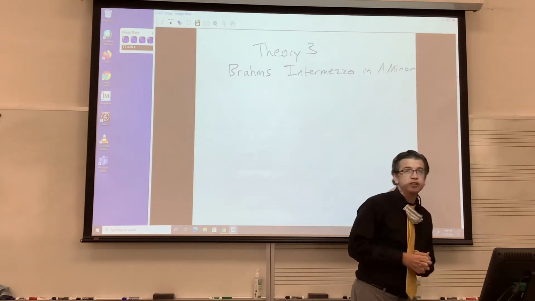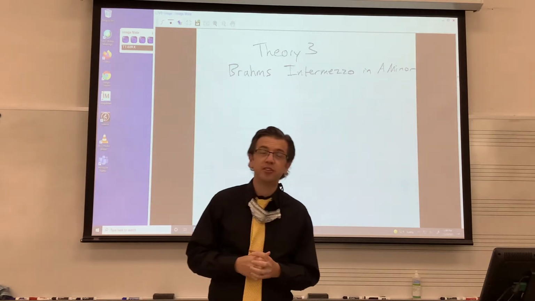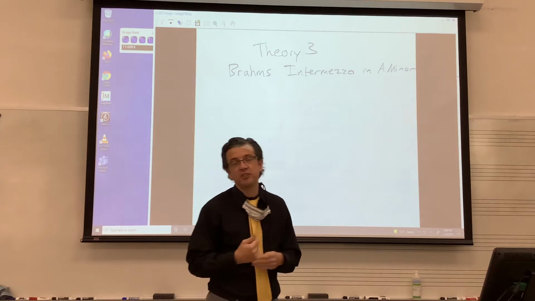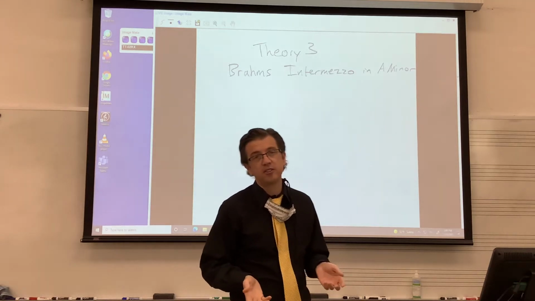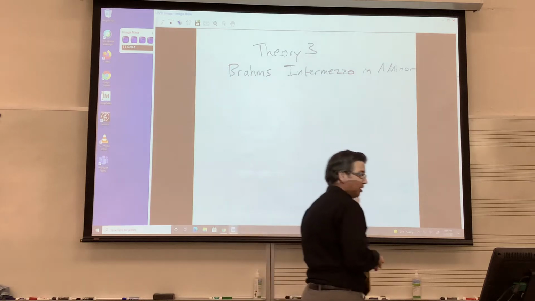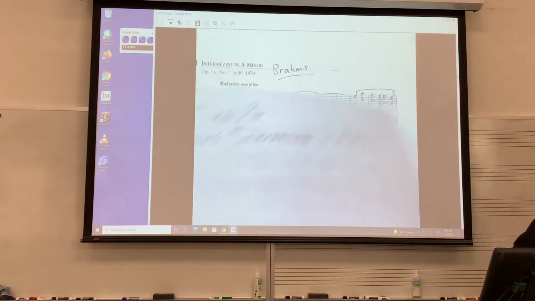Now, Brahms is a Romantic composer, and you'll recall that we've looked at 2 Romantic works so far this semester. We looked at the Schubert Erlking last unit, and then this unit we looked at the Chopin Prelude in E minor.